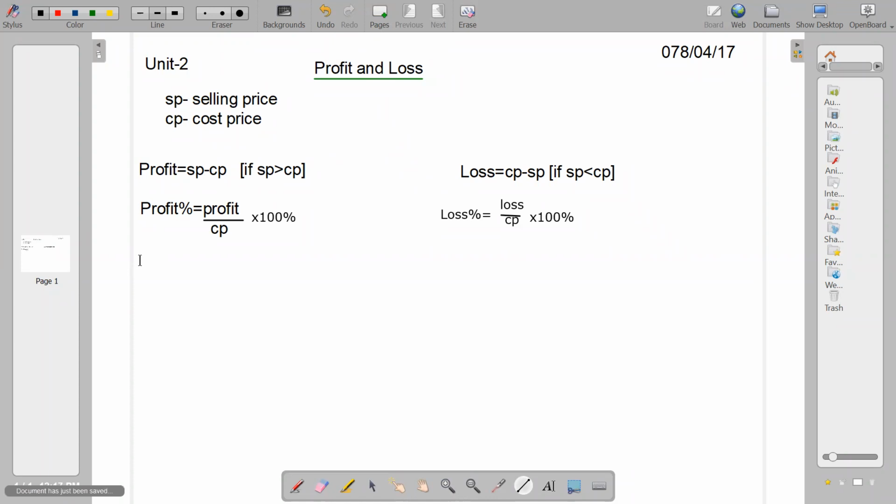Now, if profit percent and CP are given, then for SP we can use SP is equals to 100 plus profit percent by 100 into CP.